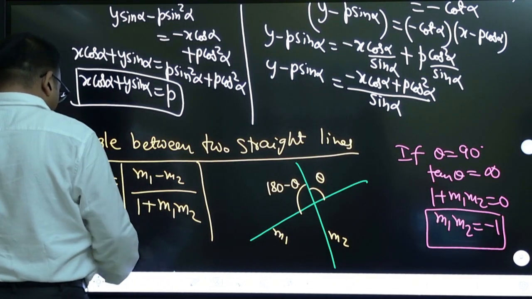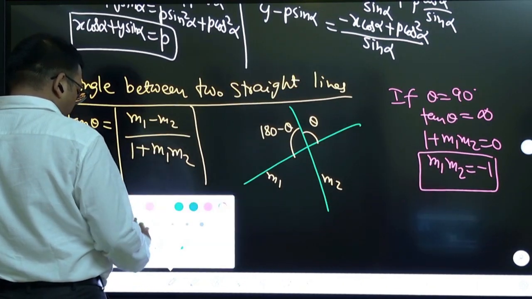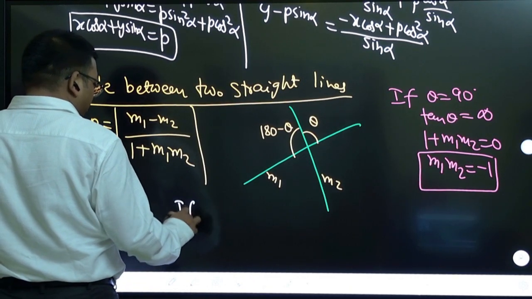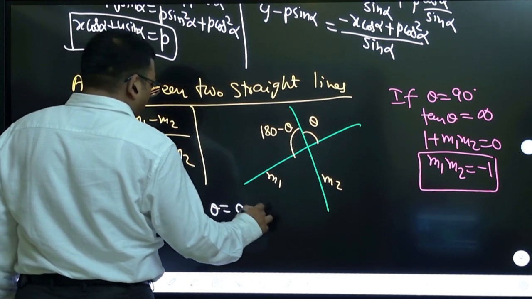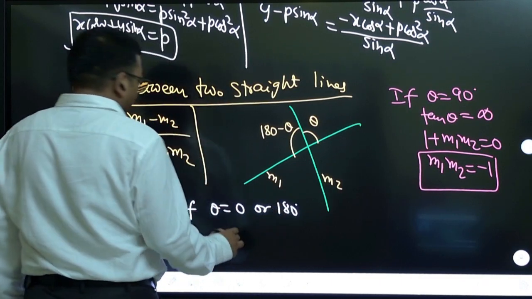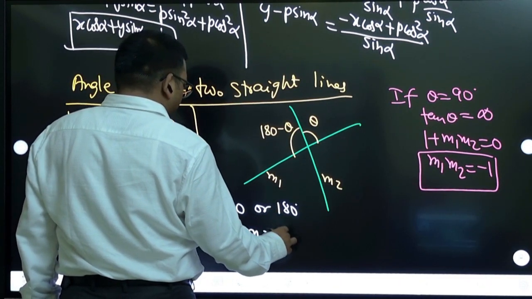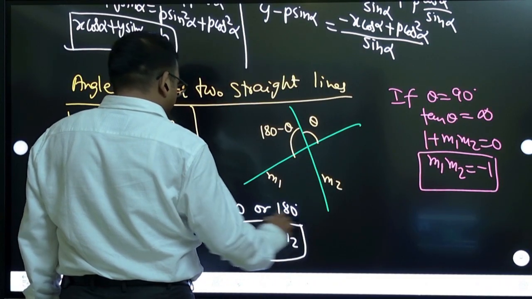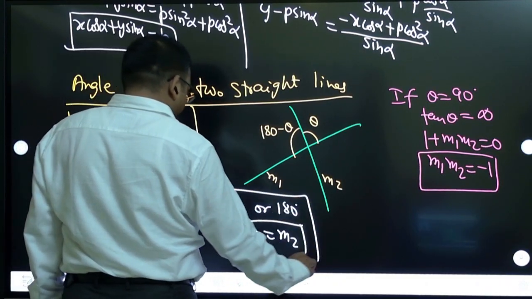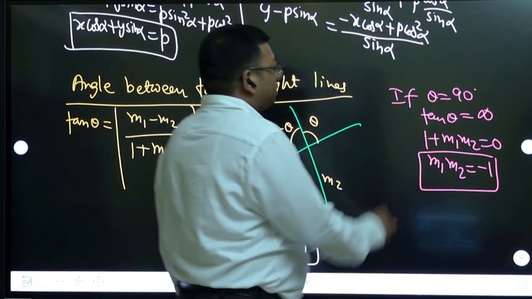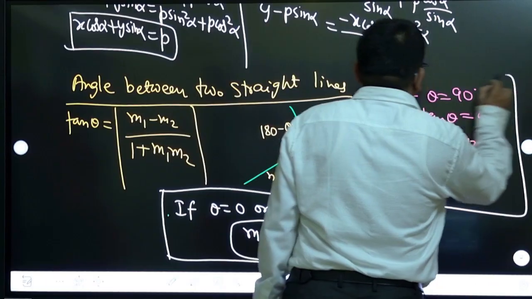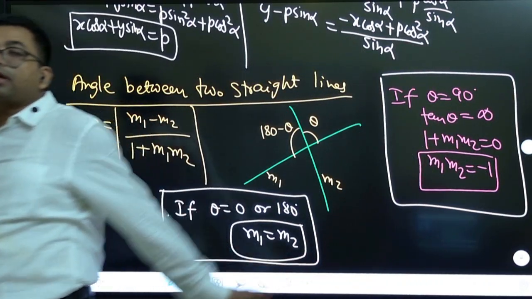And if the two lines are parallel, then their slopes must be equal. If theta is 0 or 180 degree, then m1 is equal to m2. So this is the concept when two lines are parallel, and this is the concept when two lines are perpendicular. Otherwise, other angles you can calculate from here.